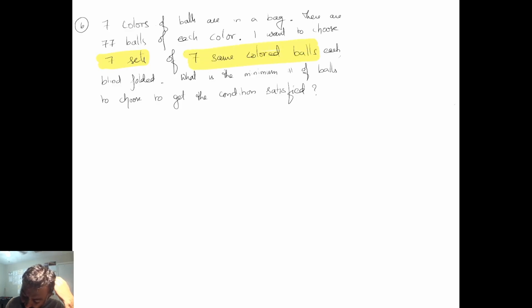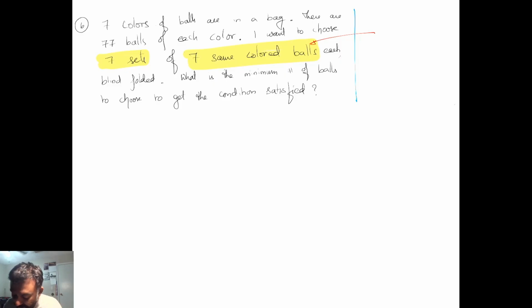So the only point here to remember is nobody is asking you that I should get all the 7 colors separately, correct? That is not the question. I don't really care if each one color is repeated once, twice, thrice, 4 times. I don't really care about it, right?